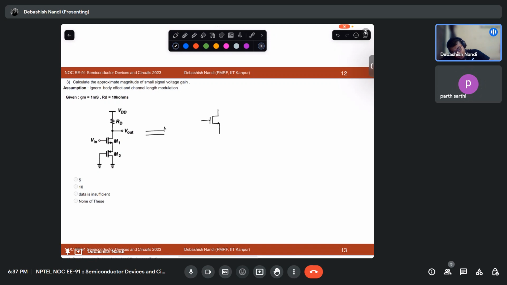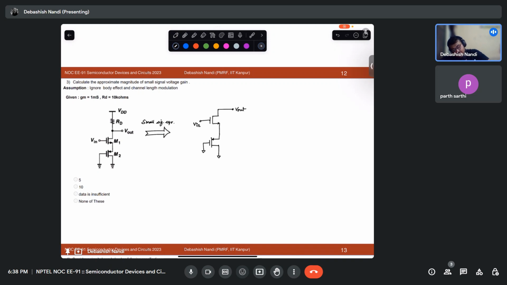Let me write it for clarity that it is a small signal equivalent. And then it is a PMOS. This is ground, this is ground. This is your V in. This is your V out.